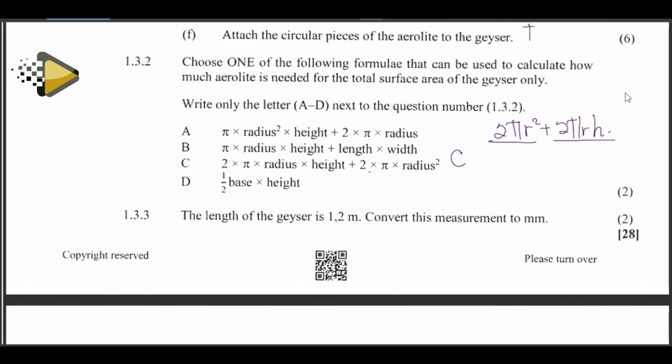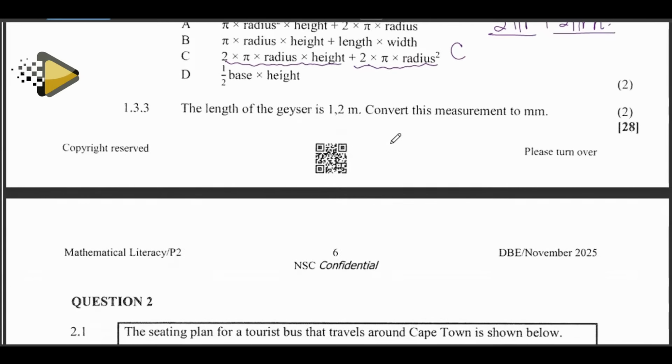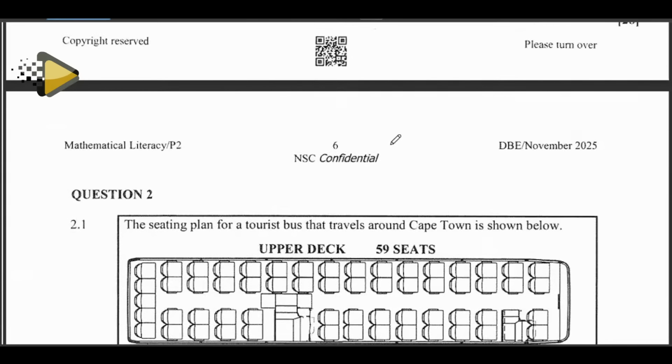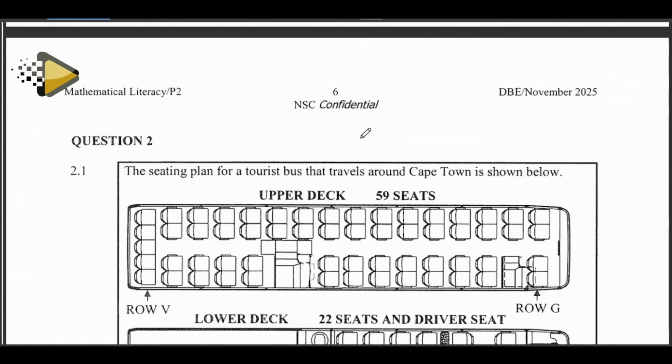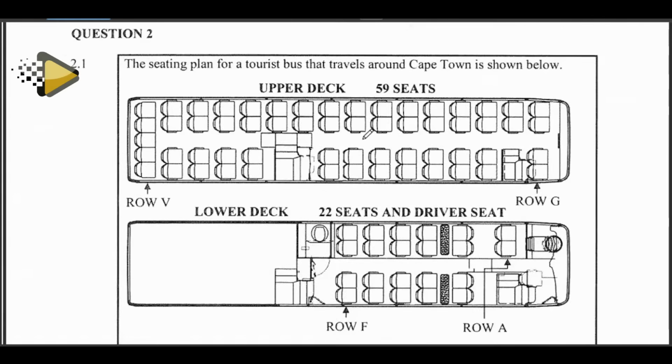So the 2 pi r squared is this side, then this side you remain with 2 pi r. That marks the end of question 1. Let's look at question number 2.